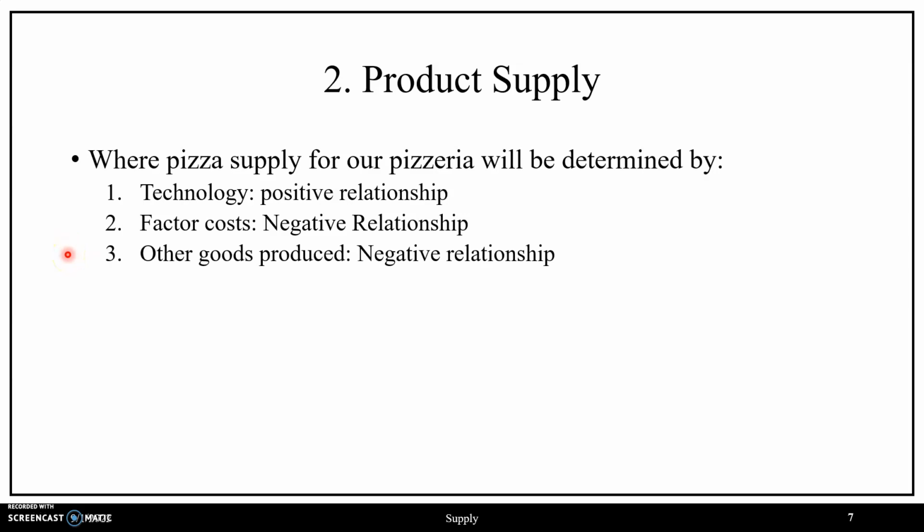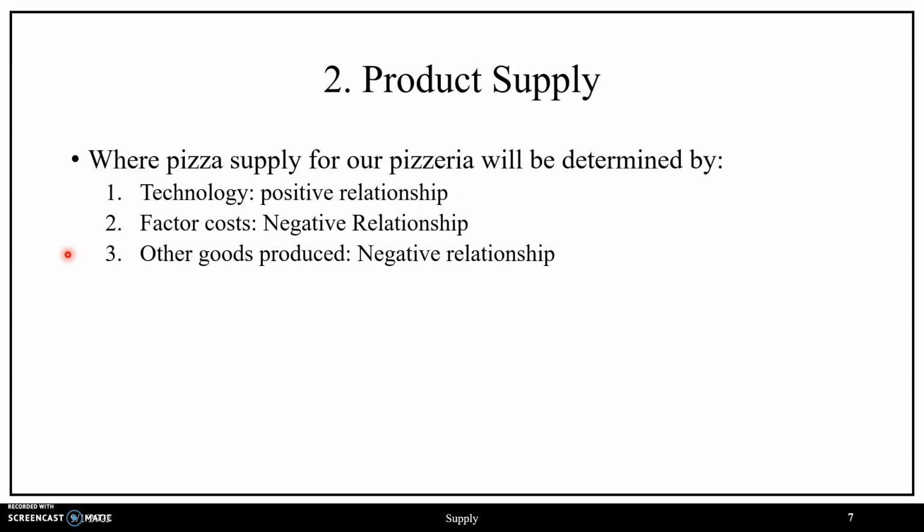Third, we have other goods produced. Oftentimes firms will produce more than one good, and in terms of this pizzeria, they are a restaurant. It doesn't seem so far-fetched to see that they're probably producing calzones as well. Well, using the same materials, if this pizzeria can produce calzones at a more expensive price than pizza slices, then this would disincentivize the pizzeria to sell pizza slices, as they could generate more by selling calzones.